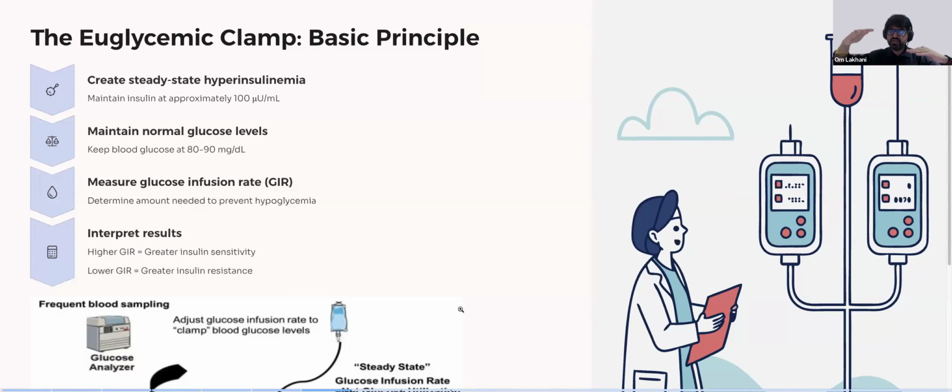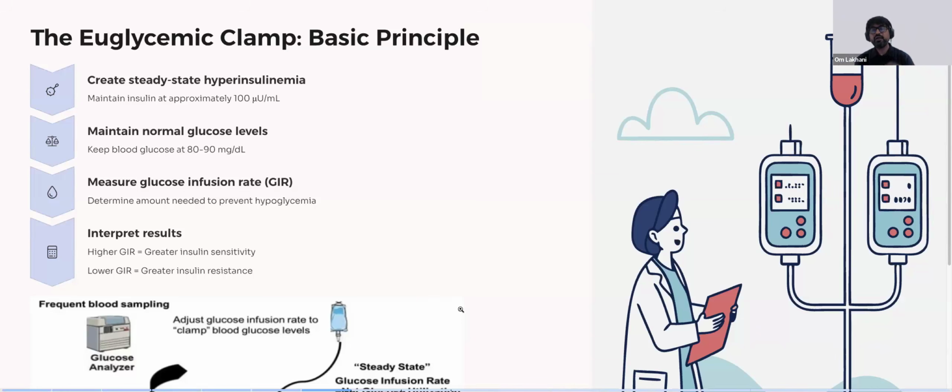So you are giving insulin infusion to lower the glucose, and then you are giving glucose infusion to keep the glucose steady, right? Now, at this point of time, what are the things which are at play? One is the glucose going inside the cells. Glucose going inside the cell is dependent on the insulin, on the insulin resistance, and also your body's own insulin production.